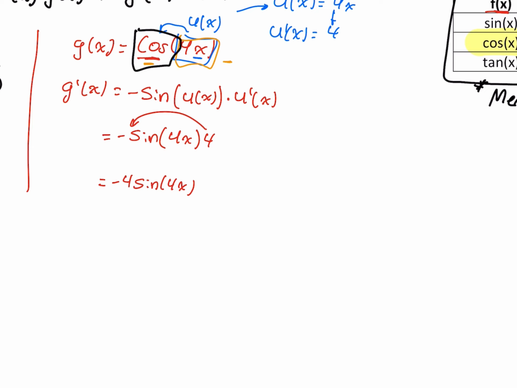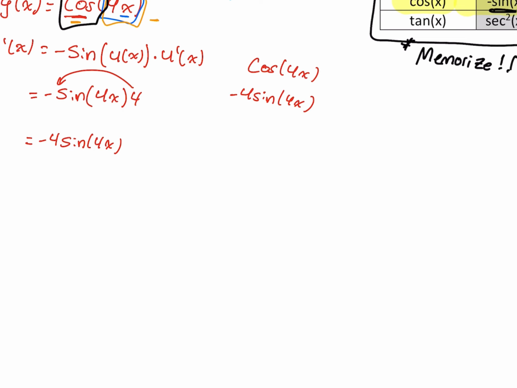And eventually when you get good at these, you'll be able to just say cosine 4x, and then the derivative is negative 4 sine 4x. And then, for example, you would have, let's say, sine of x squared.